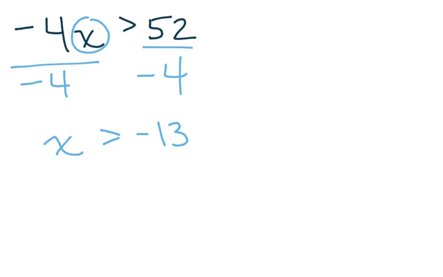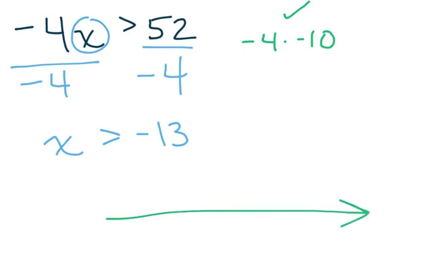If I try to plug this in and I say, okay, it's got to be greater than negative 13, so let's try negative 10 to check our step. Negative 10 is greater than negative 13 because on a number line, negative 13 is down here, and negative 10 would be this direction, and the numbers to the right are greater.